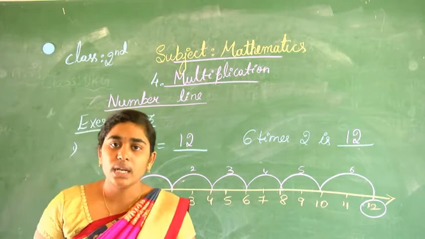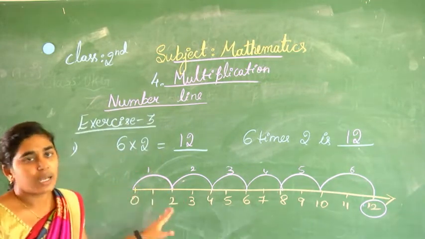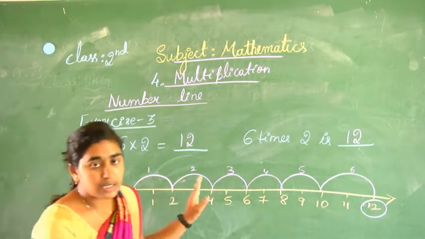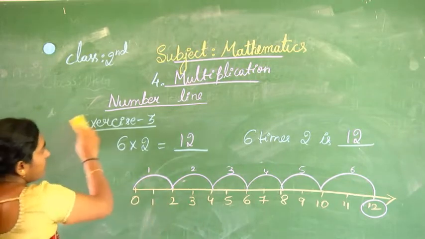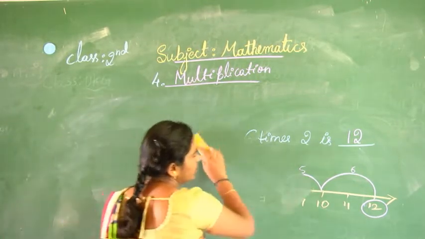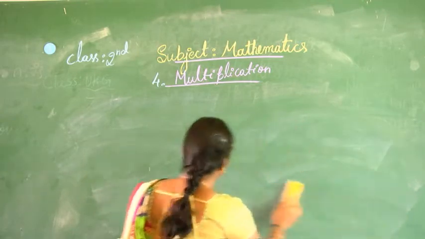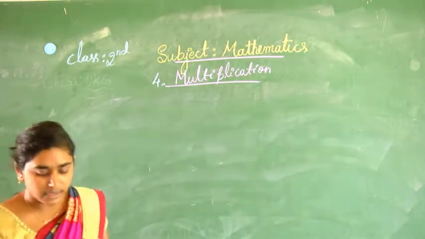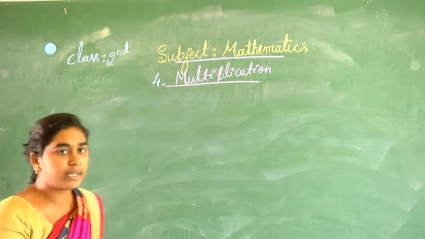Now after the number line, what we have is repeated addition. That is addition fact and multiplication fact. I have already told you multiplication is nothing but repeated addition, right?